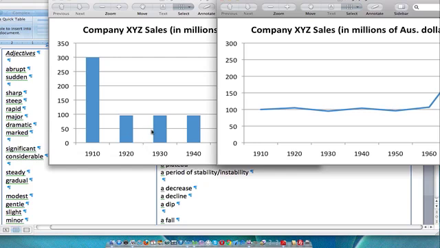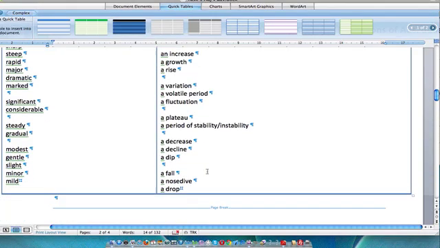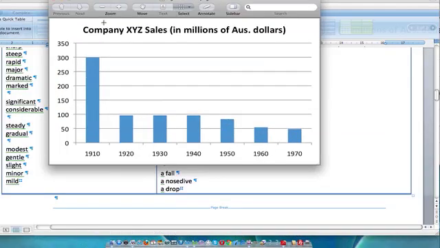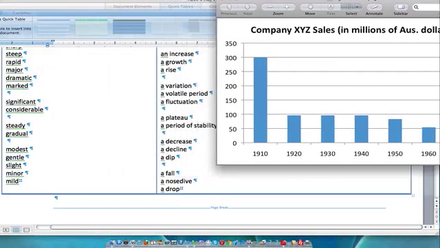Okay, these would be all fitting ways to describe a downwards movement that's quite dramatic. Now at the bottom of my table here, I have a fall, a nosedive, and a drop. And obviously these three words would be accurate ways to describe this portion of our graph.